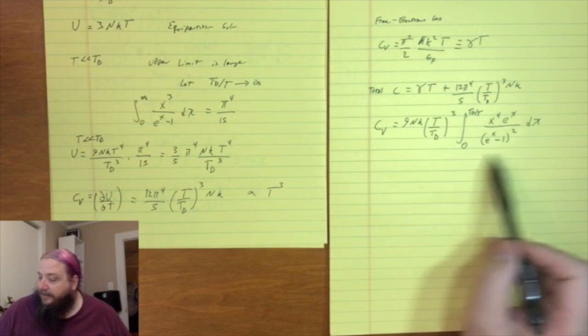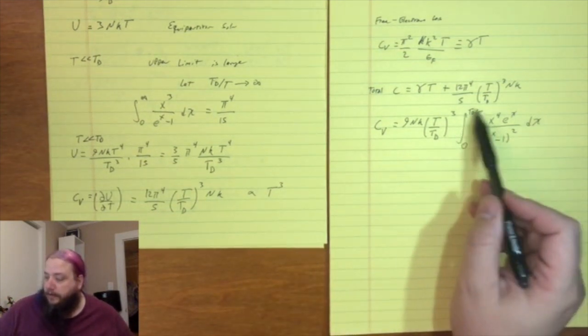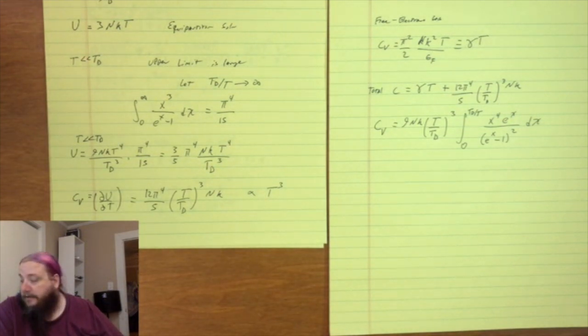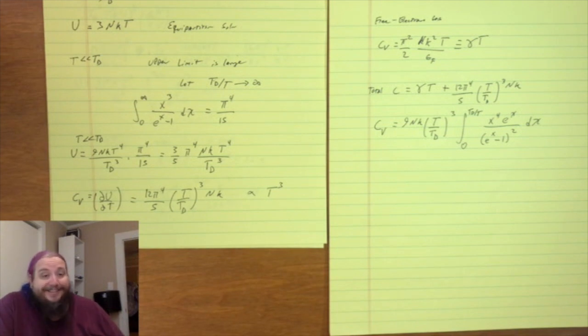Integrating this numerically, for whatever your value of temperature is with respect to the Debye temperature, would give you, as accurate as this theory is going to get, an approximation of the heat capacity.